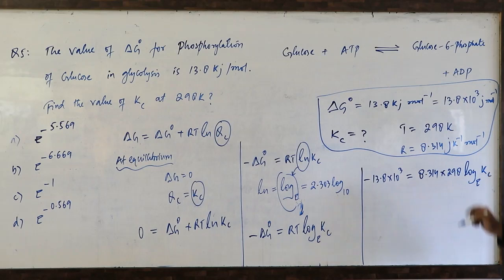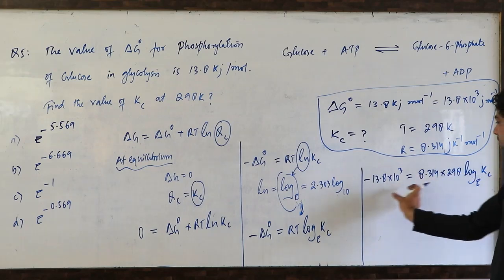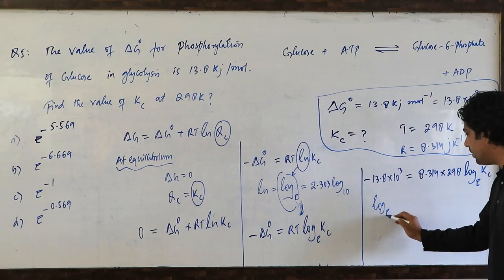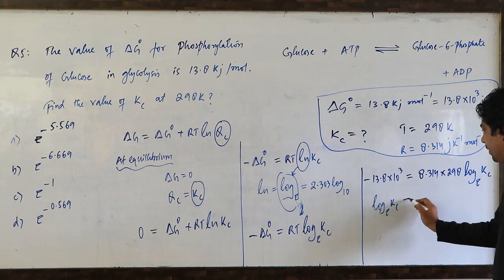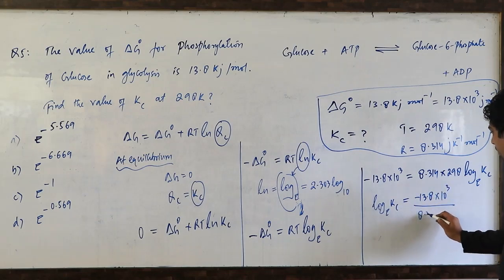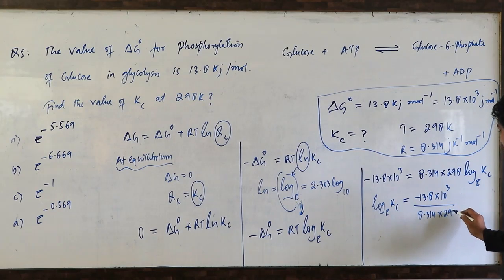We have to find out Kc. Let me transfer these terms. It will become a division here. So I get log to the base e Kc is equal to minus 13.8 into 10 raised to the power 3 upon 8.314 into 298.